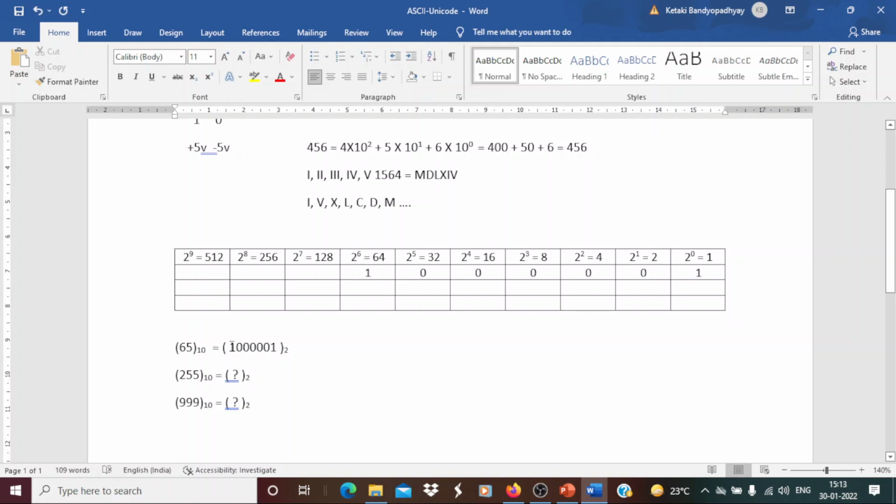If you see this particular number, 1 0 0 0 0 0 1, it's a 7-bit number. So if we represent it as an 8-bit number, we can easily represent it in this fashion.